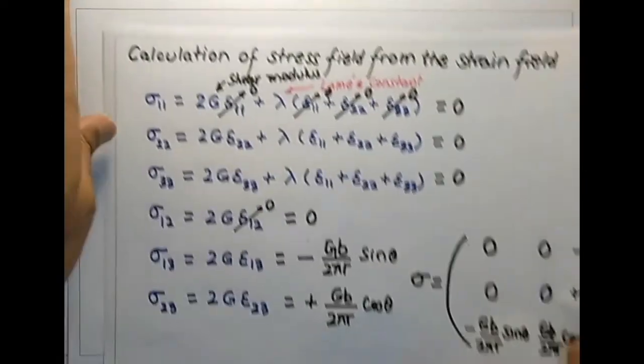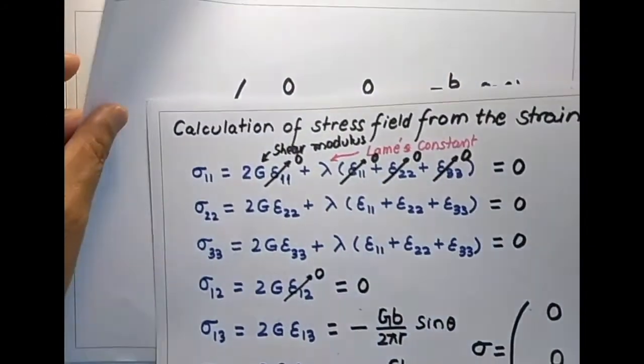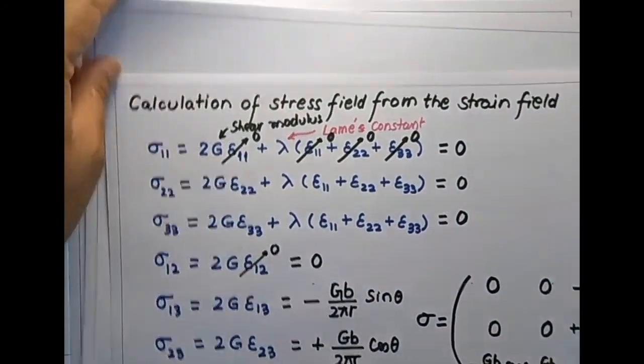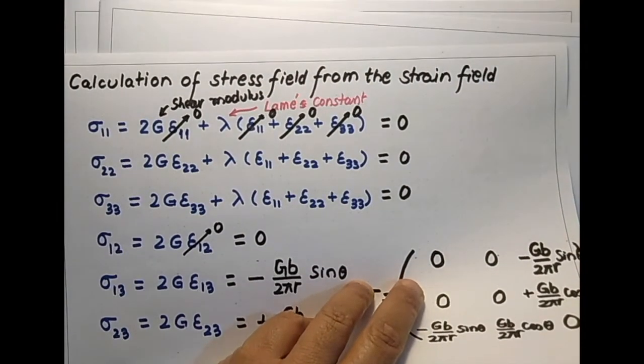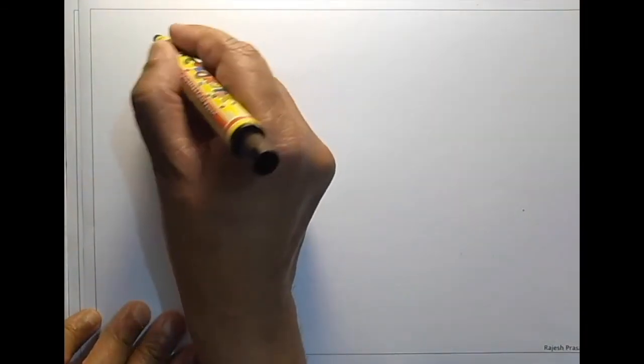If you now look at the stress and strain field formulation, one thing to note is that r is coming in the denominator for both stress and strain.